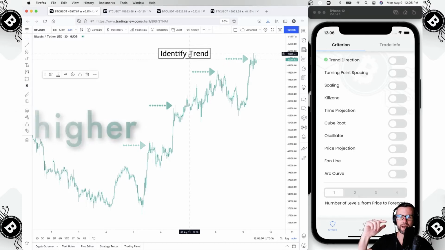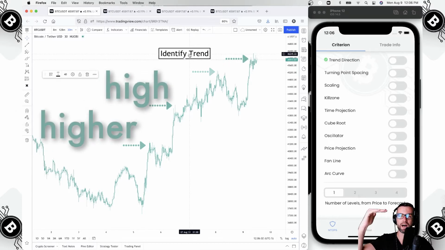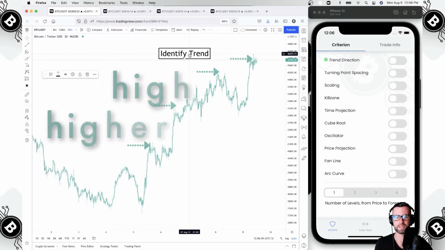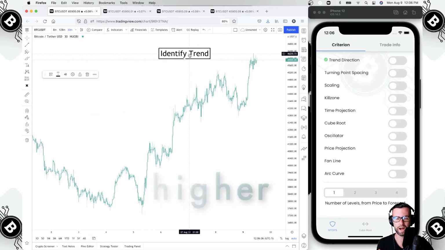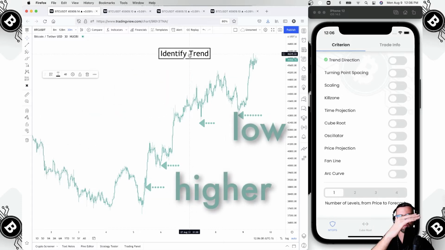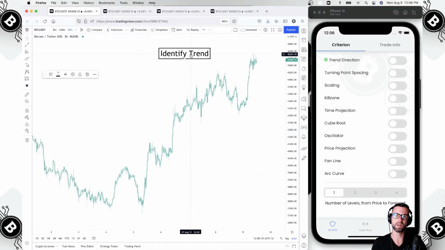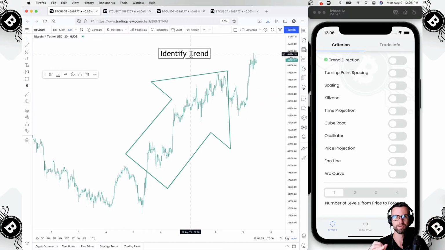There will be higher high points and a higher formation of low points. Alternatively, if it's a downtrend, it will be lower high points and lower low points. They follow one another. Now, the beauty of the strategy is that if you enter in late or sell early, you're going to still be profitable because you're trading with trend.